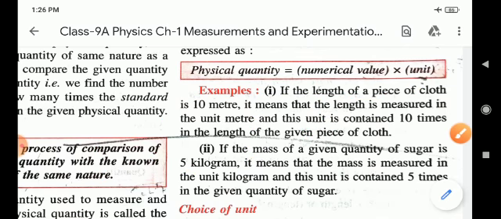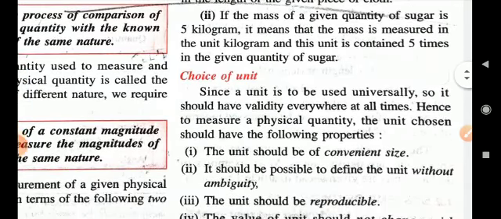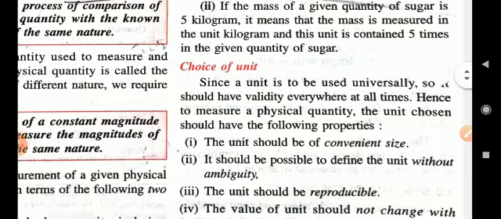Right? Choice of unit. Since a unit is to be used universally, it should have validity everywhere at all times. Hence, to measure a physical quantity, the unit chosen should have the following properties. The unit should be of convenient size.